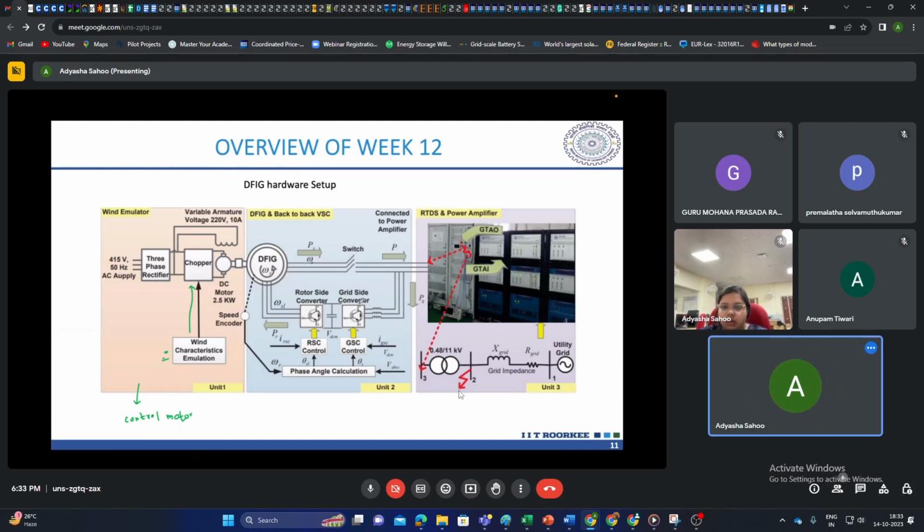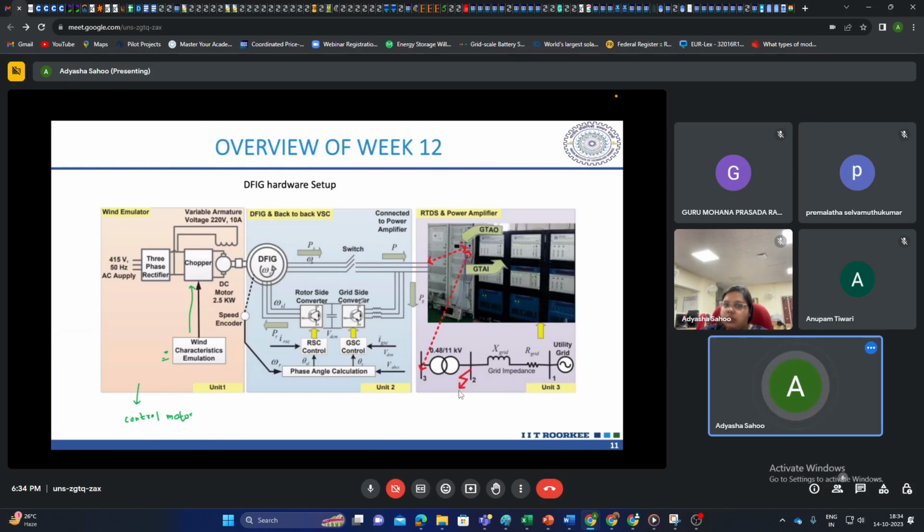Then we saw how we had interfaced it with the real-time simulators through the power amplifiers. Here we then studied the operation of this machine under unsymmetrical faults and symmetrical faults.